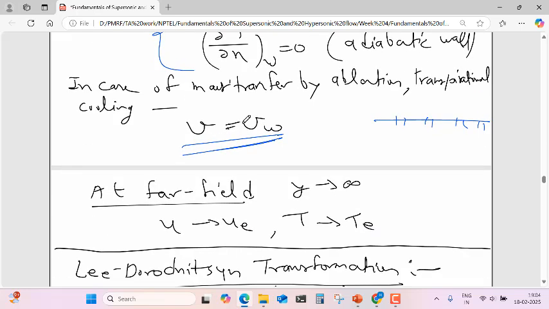And at the far field, y tends to infinity, velocity will become equal to the edge velocity and temperature will become equal to the edge temperature. This e here is the edge of the boundary layer.